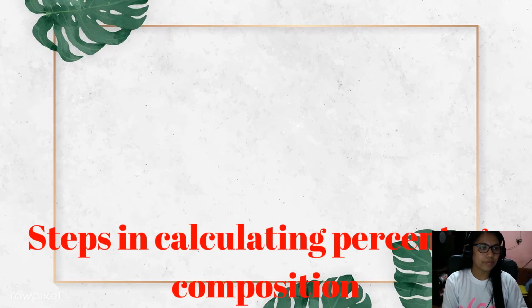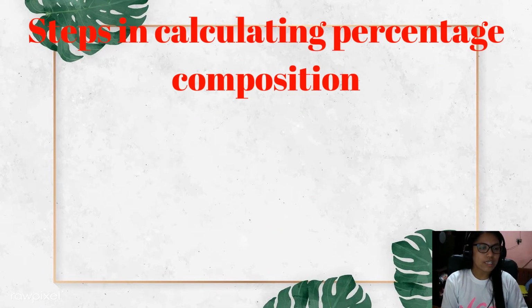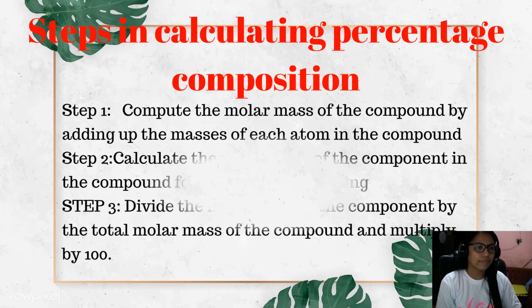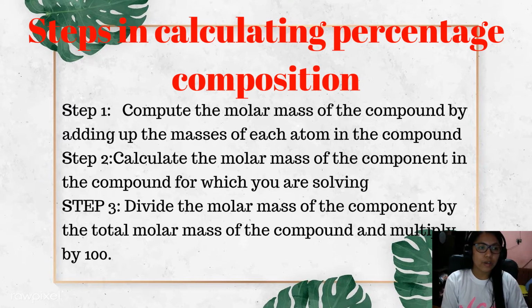Okay, next. What are the steps in calculating percentage composition? First, you're going to compute the molar mass of the compound by adding up the masses of each atom in the compound. So, tinuruan ko na kayo on how to compute the molar mass of the compound. So, example, meron tayong compound na H2O.